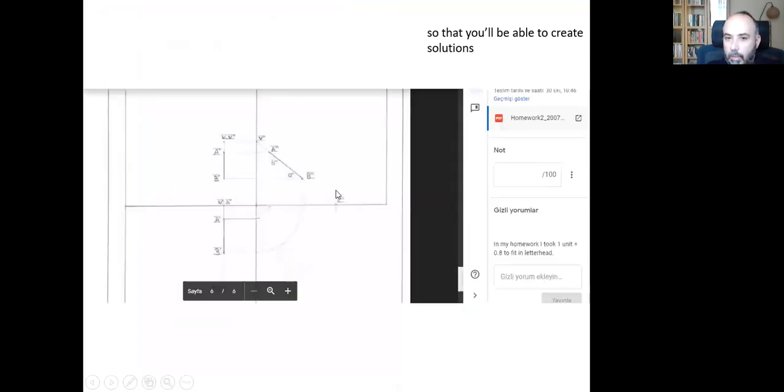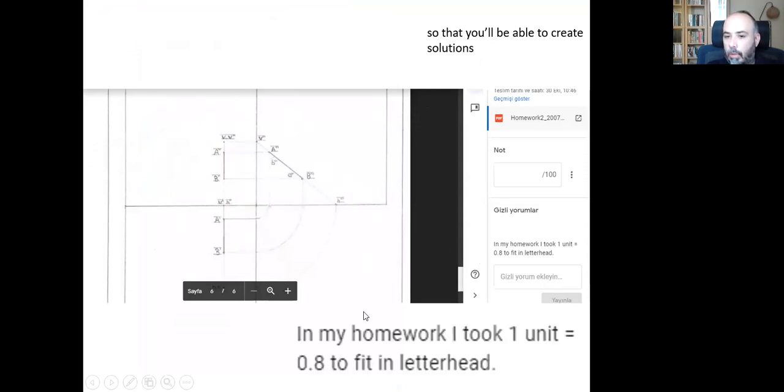And this was very nice. Many students ask me that 10 centimeter squares won't fit the header. So one of these students found a solution like this. It is very unusual. This is not really used in architecture, but I applaud his solution, his creativity.